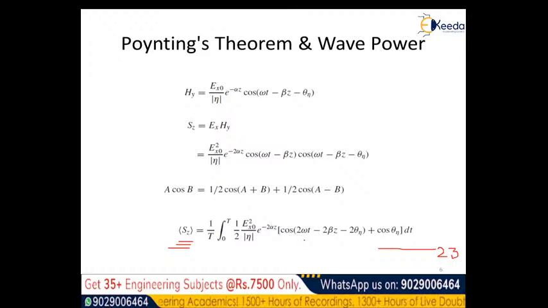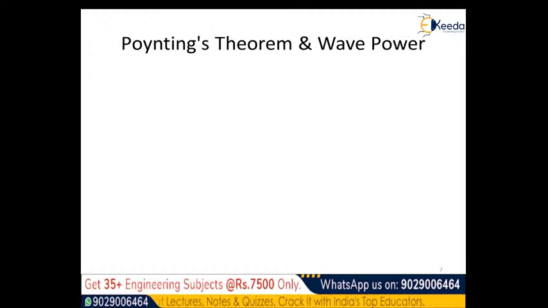So as we see, the second harmonic component of the integrand in this equation number 23 integrates to the value 0, leaving only the contribution from the DC component, and the corresponding result we express with the help of a new equation. Let us regard this to be equation number 24 here.